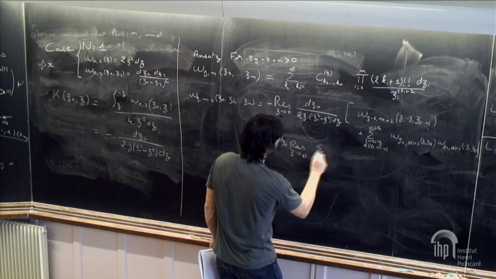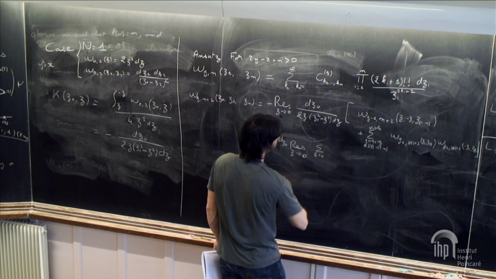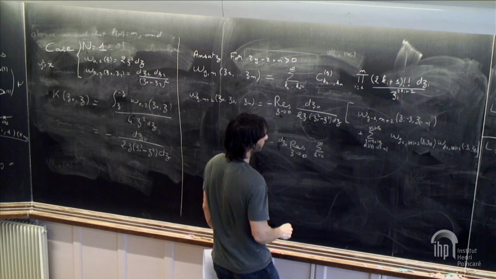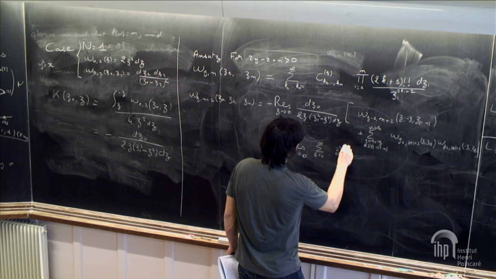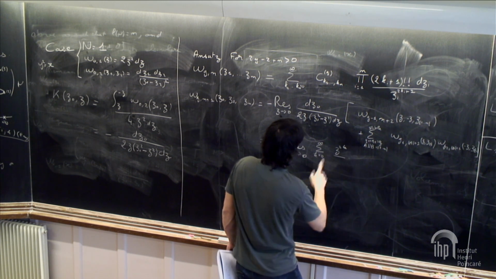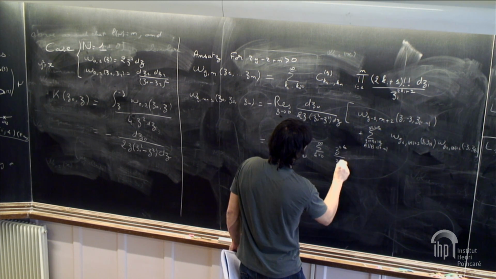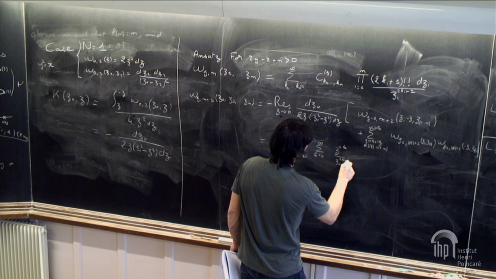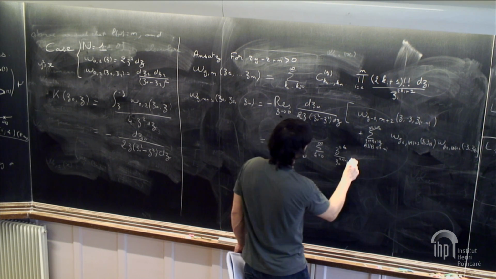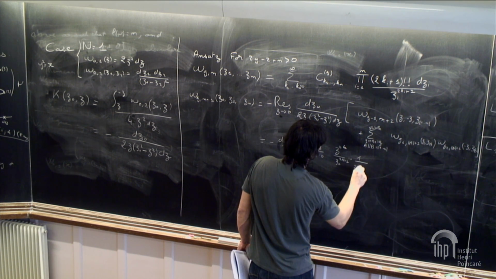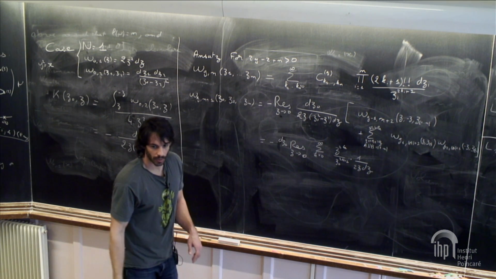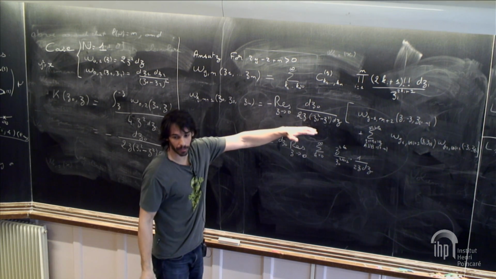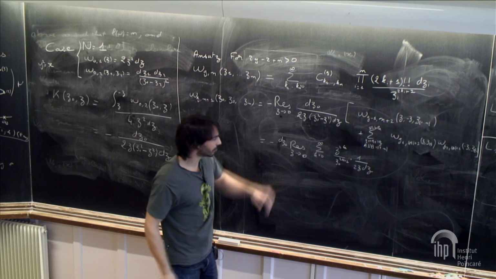So I will write it as the sum over k, ranging from 0 to infinity, of z to the power 2k divided by z0 to the power 2k plus 2 times 1 over 2z dz. So I'm just expanding that around z equals 0.